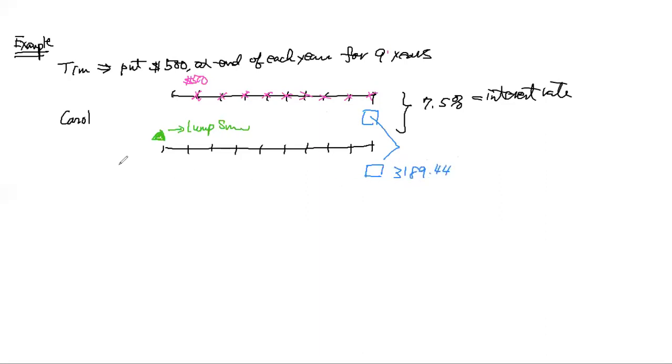That means Carol needs to put $3,189.44 at the beginning of the 9 years, and Tim puts in $500 each year, then they will get the same amount.